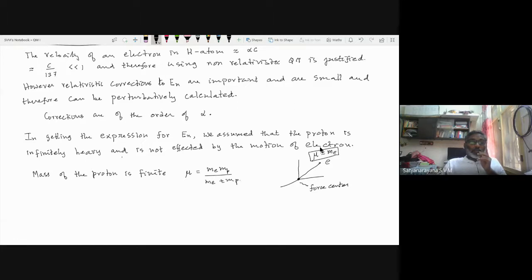So in this approximation, I have used mu equal to me. Now you can see that for the hydrogen atom, you calculate your energy levels with mu equal to me, and calculate energy levels with mu equal to me mp by me plus mp.